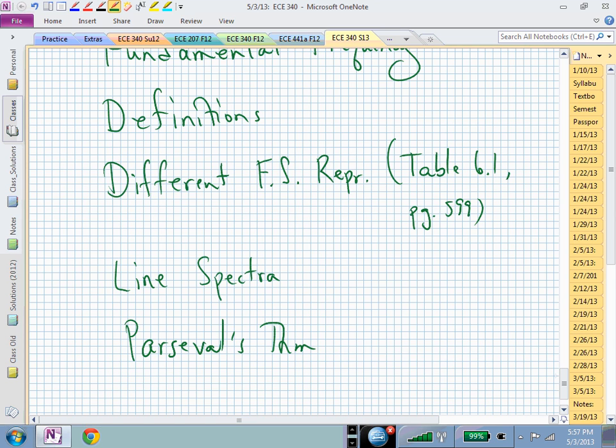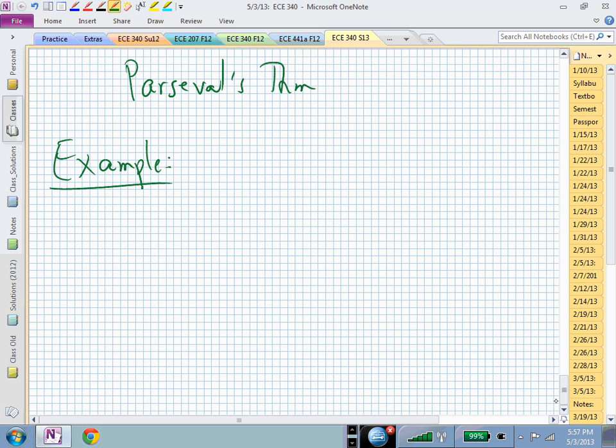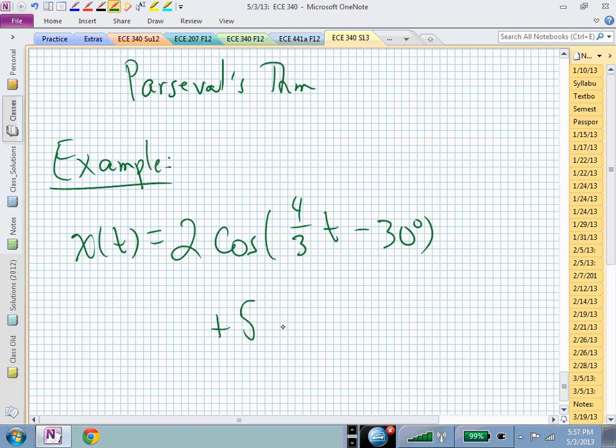If I now gave you an example, suppose that I said x of t is equal to 2 times the cosine of 4/3 t minus 30 degrees plus 5 cosine of 6/15 t minus 60 degrees.